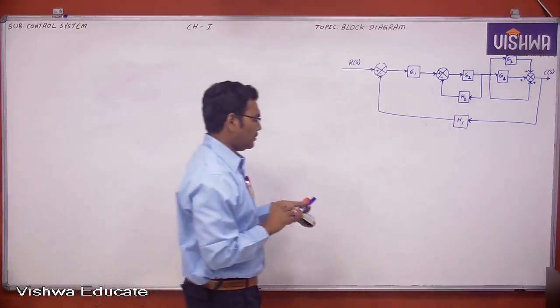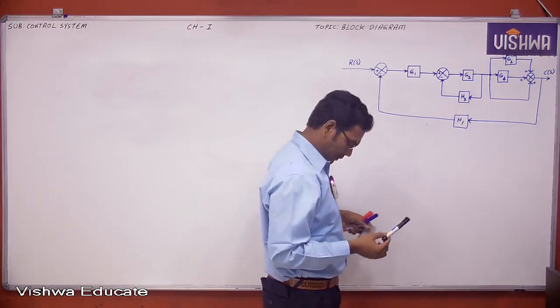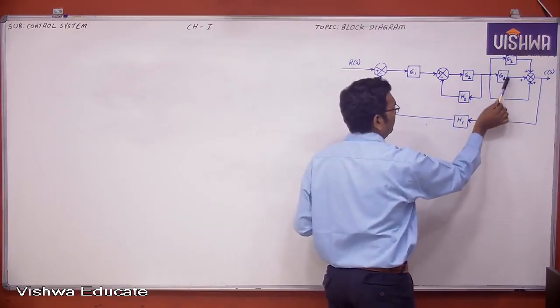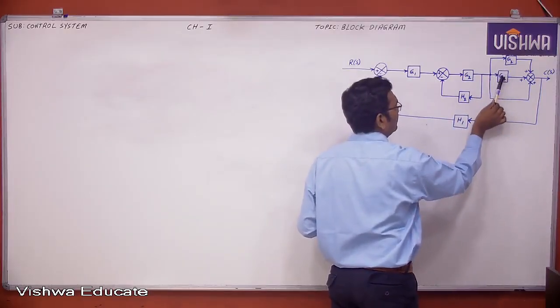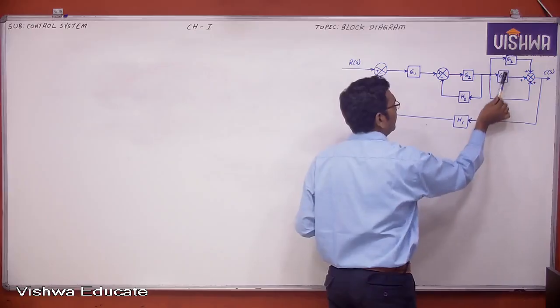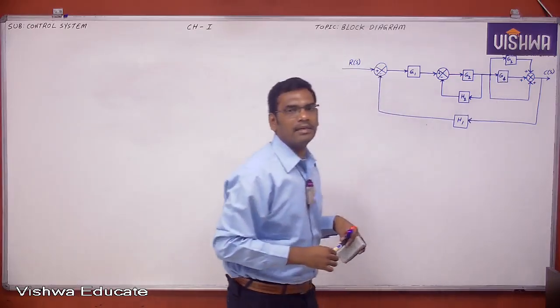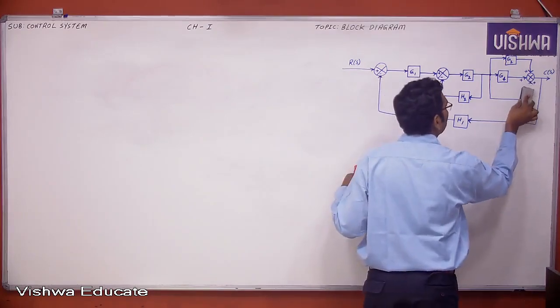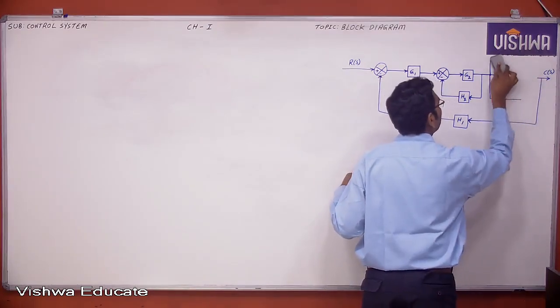So now see here. Then I want to apply the first step. When blocks are connected in parallel, which means that the overall block gain is nothing but addition. So G2 plus G4 plus 1.